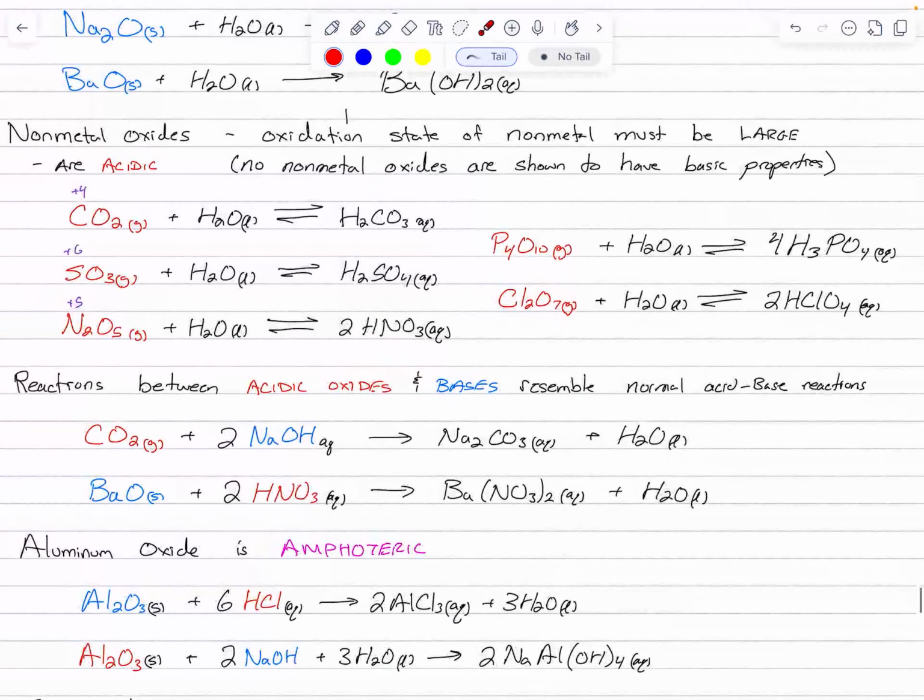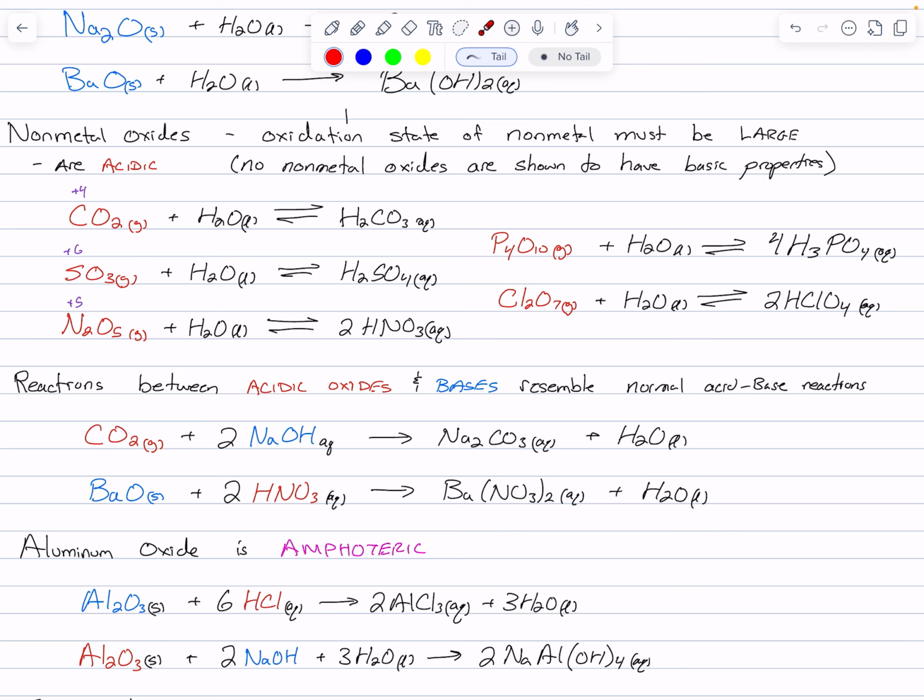Now, no nonmetal oxides have been shown to have basic properties. So all these nonmetal oxides are not going to be basic. There are some, like carbon monoxide and nitrogen monoxide, that are not going to be acidic. Carbon monoxide is not necessarily going to be acidic in terms of what we're talking about.